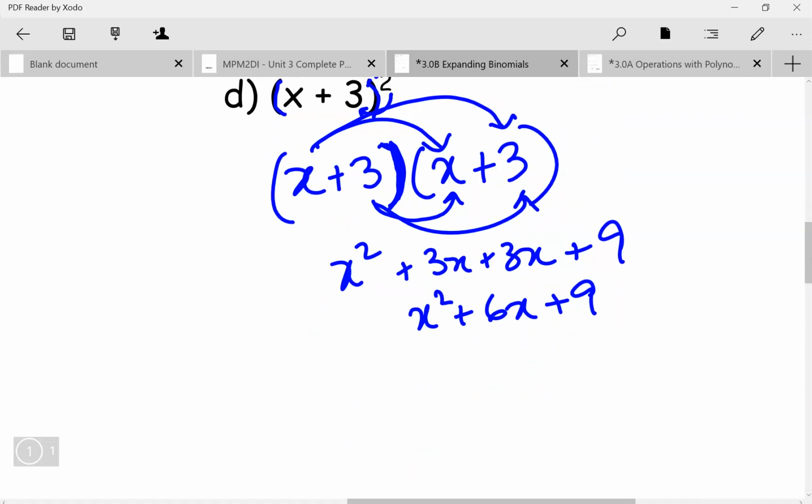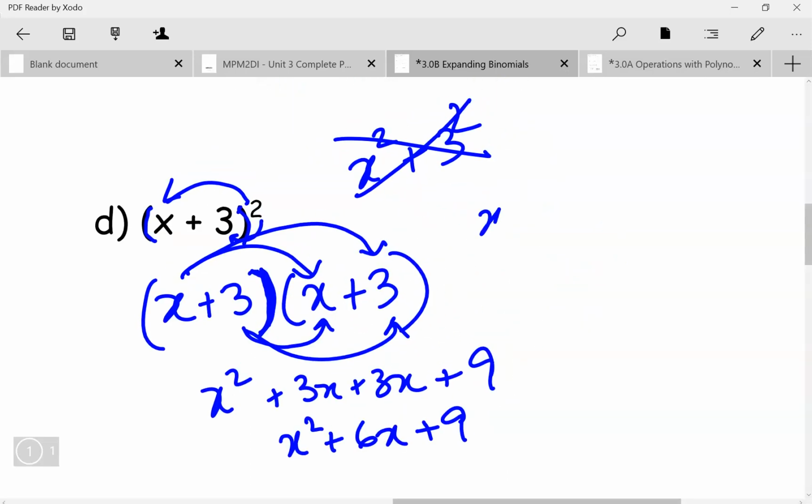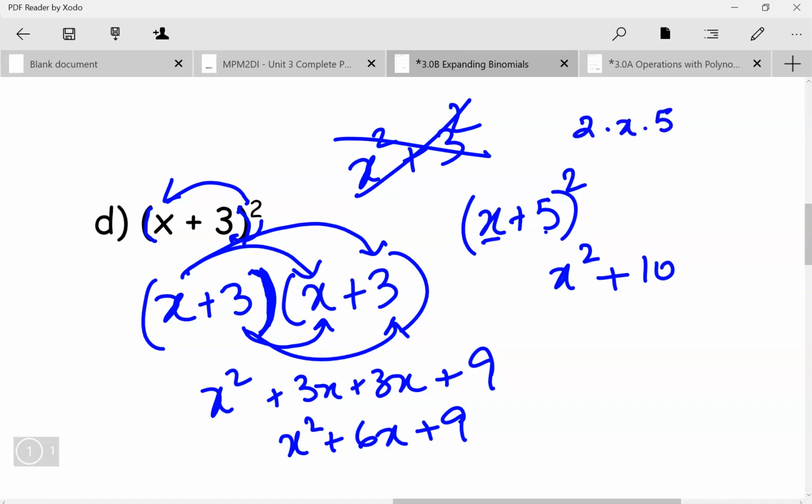That's the expanded form, and hopefully we can see here that if I have x plus 5 the whole squared, I will get x squared, which is the first term squared, plus twice the first term times the second term. So I'm going to do 2 times x times 5, which gives me 10x, plus the second term squared. 5 squared is 25. And this is a rule that you're learning.